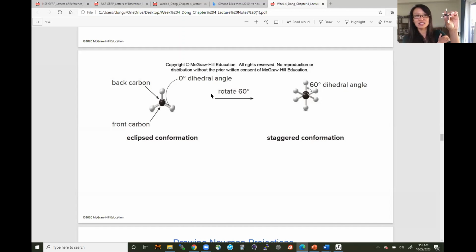And so this is the staggered conformation for an ethane molecule. There's a 60-degree angle difference here between these two CH bonds, the front one and the back one, whereas in the eclipsed conformation, there's a 0-degree dihedral angle. Okay, so kind of take a moment, absorb those two definitions. You're gonna be asked, for example, on an exam, hey, which conformation is this, eclipsed or staggered?